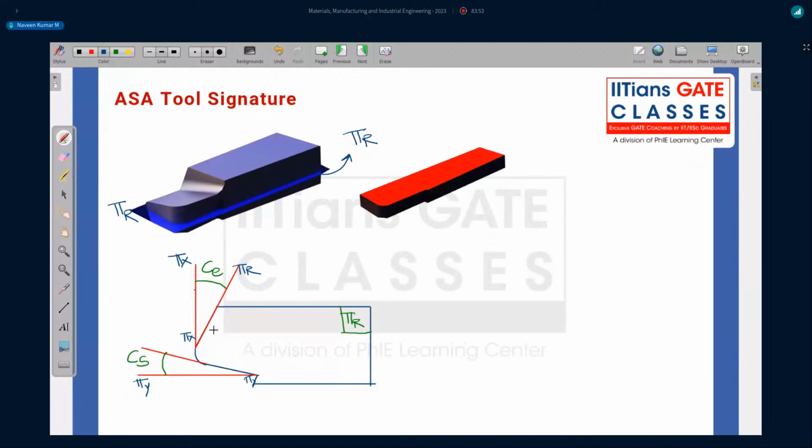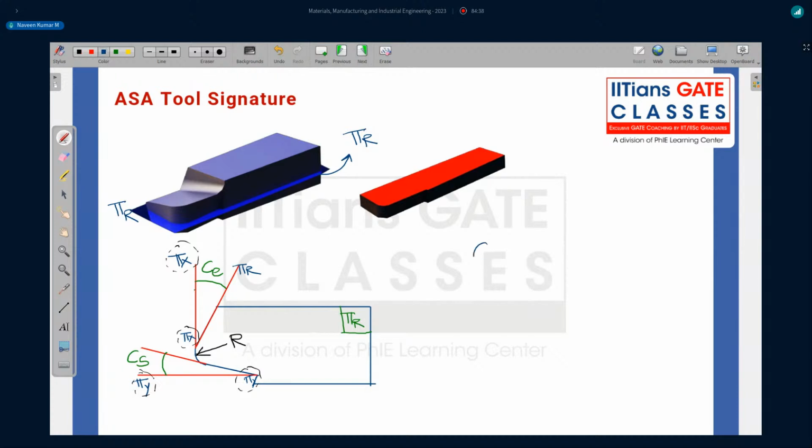So we have two angles, and we can even identify the nose radius as well. So this is your nose radius r. What are the angles that we identified by cutting the tool with respect to the pi r reference plane? We got two angles: side cutting edge angle, end cutting edge angle, and the nose radius as well. So please remember, this is the cutting plane pi x, and this is the cutting plane pi y, right? So let us write what we have got from these angles.